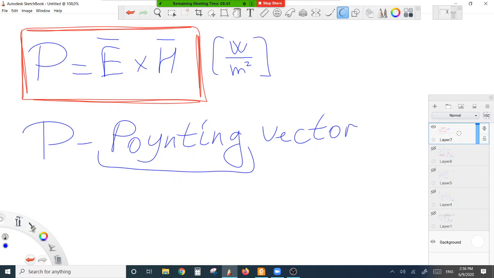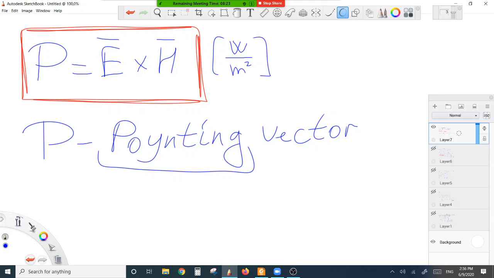His work is now known as the Poynting theorem and Poynting vectors.